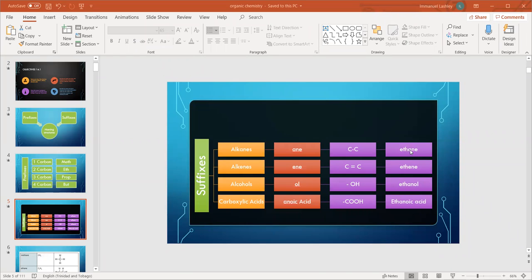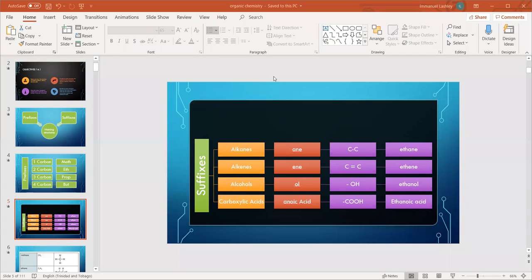An example of an alkane is ethane, butane, propane, methane. These are all examples of alkanes. Now the suffix is the last part of the alkane, which is ANE.